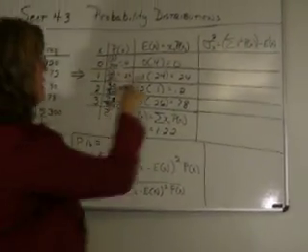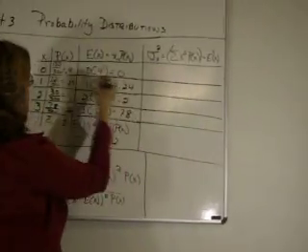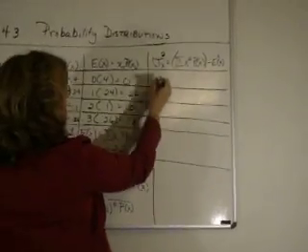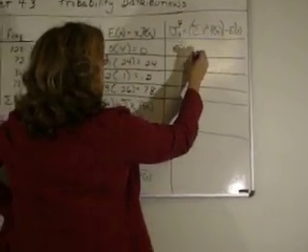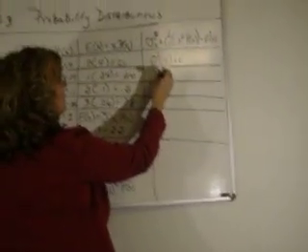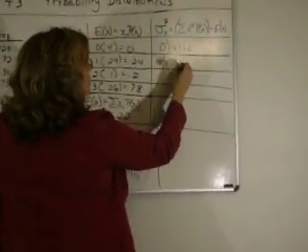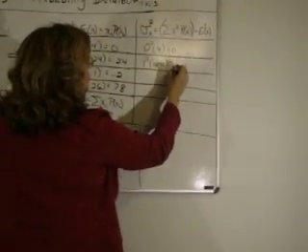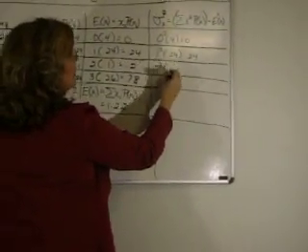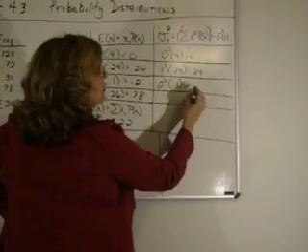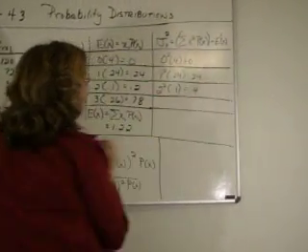So let's take a look at this. X squared times the probability here is going to be 0, because I've got 0 squared times 0.4. Here I have 1 squared times 0.24, which is equal to 0.24. Here I have 2 squared times 0.1, which is equal to 0.4.